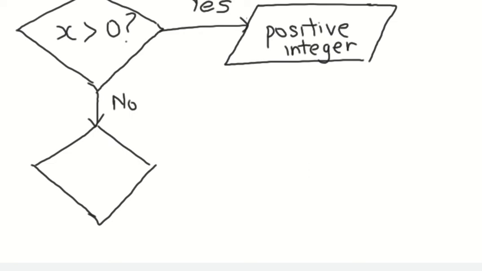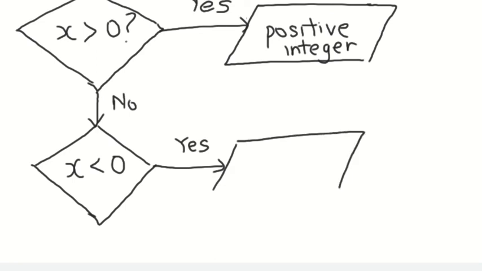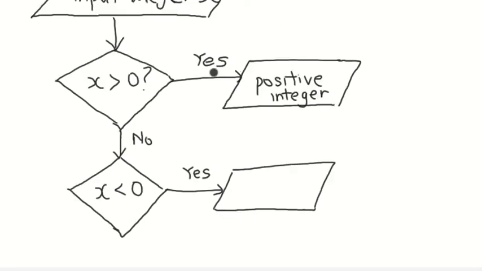How do you know the numbers are negative? Yes. If we follow through, we are looking at the relationship with 0. If it's less than 0, yes, we conclude something.